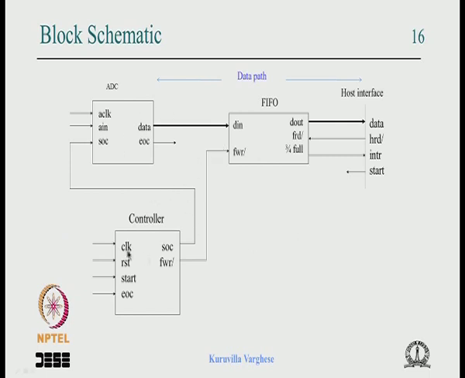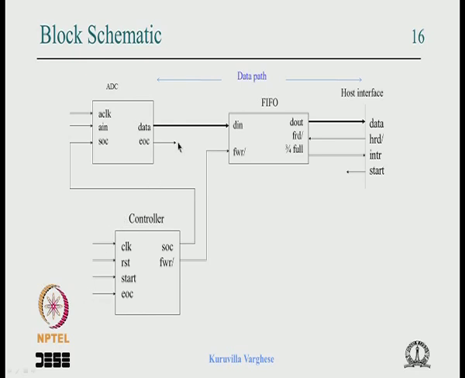So you have a controller which needs a clock and a reset. The start signal comes from the host start. So when the host says start, the whole operation will start. The start of conversion is given by the controller. The FIFO write signal is given by the controller, because the controller knows when the end of conversion is coming.